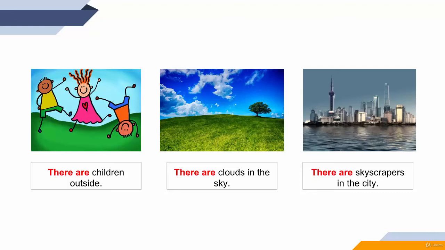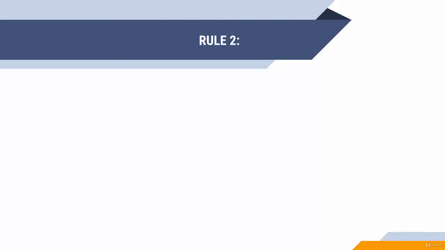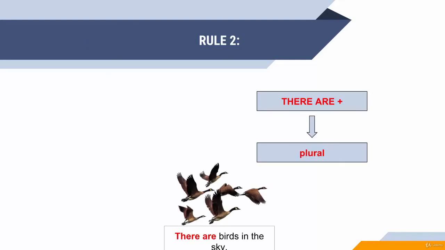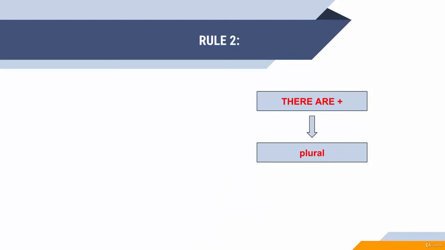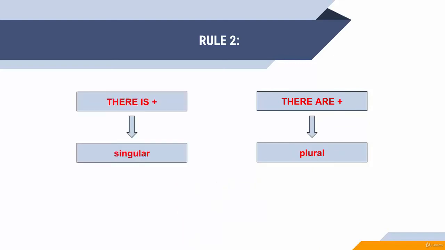So when you speak about a noun that is in plural, you use there are, and there are stands at the beginning of the sentence. There are plus noun in plural. Something else here.